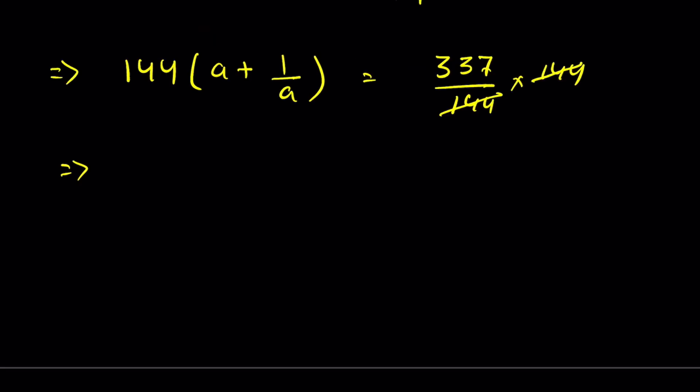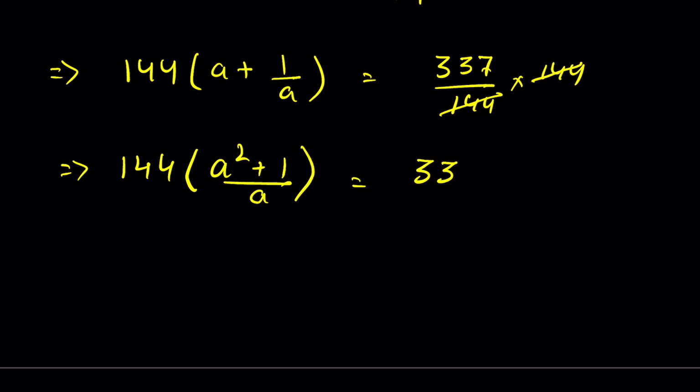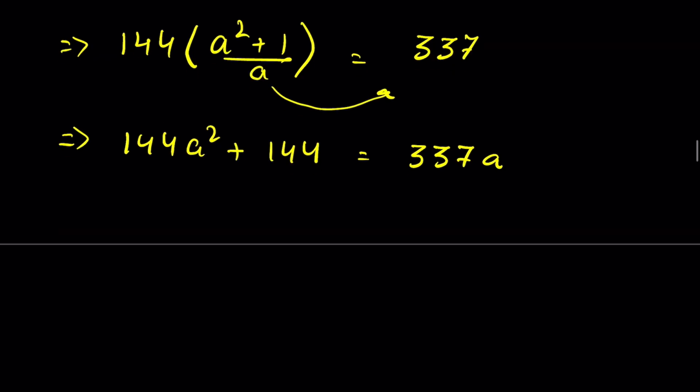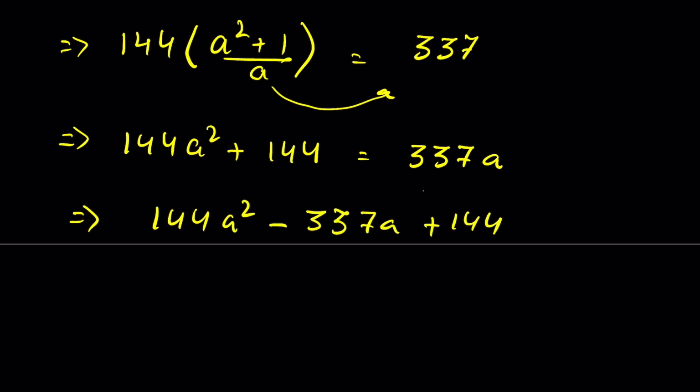We have a square plus 1 upon a is equal to 337, or 144 a square plus 144, this a to the right hand side will be 337a. Now we have 144a square minus 337a plus 144 is equal to 0.